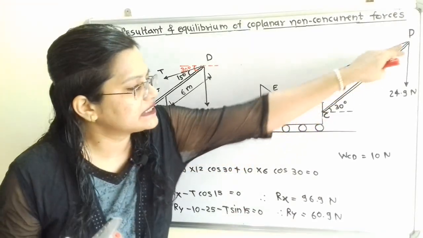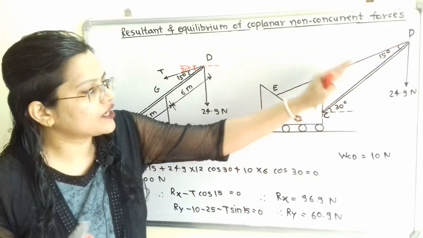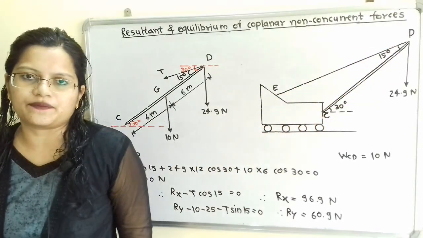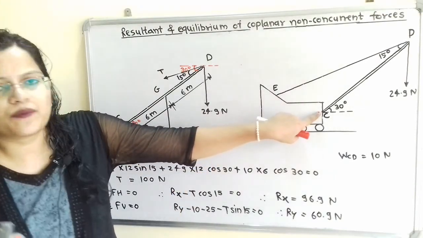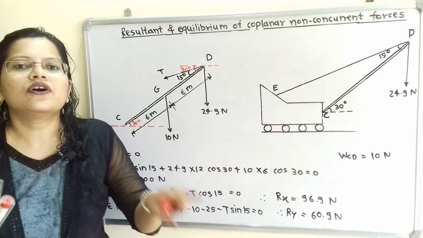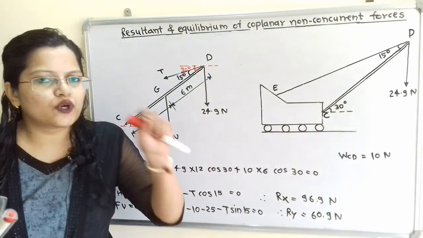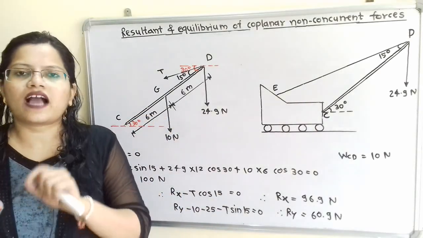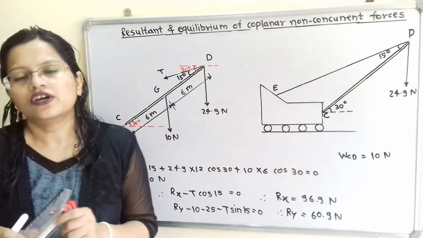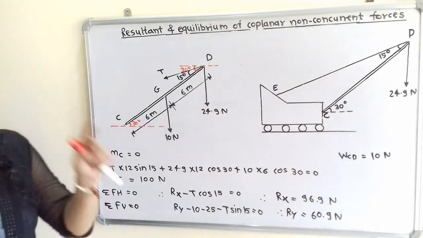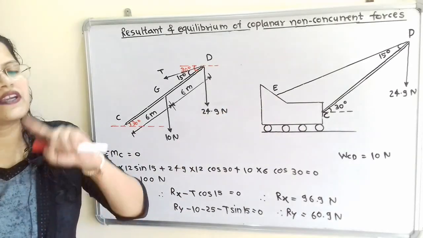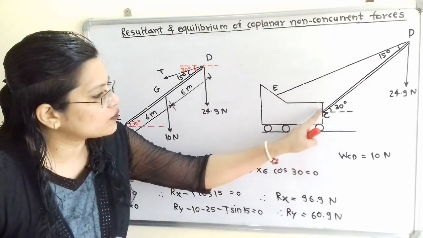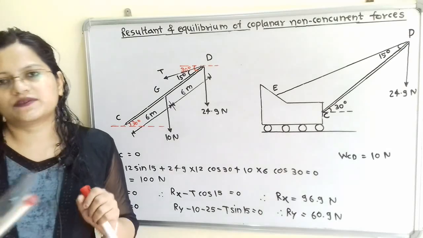That is, this beam CD is free to rotate about this point C. So to find the reaction at this point C, we first find the horizontal component and vertical component of the reaction. We show both components directed towards point C.